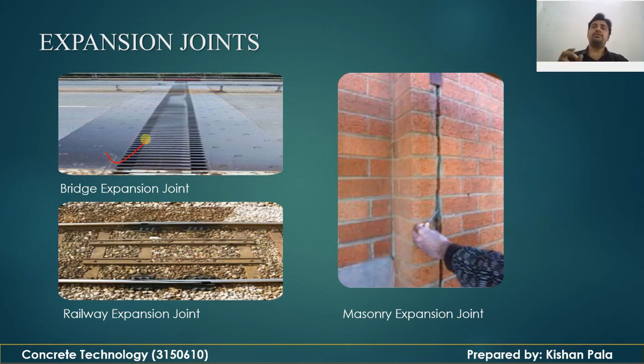And if we talk about factory elements like a large pipe, in that case we also have to provide the expansion joint, but we are focusing on the concrete expansion joint regarding our syllabus. So we have to focus only on the concrete mass. Done.